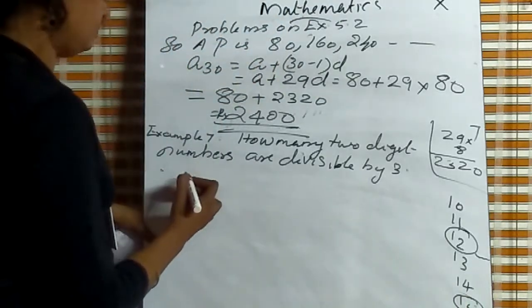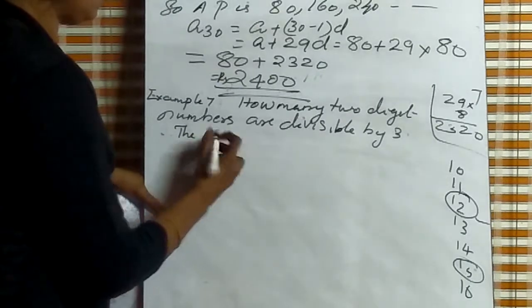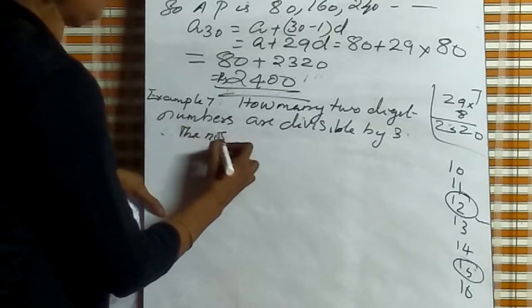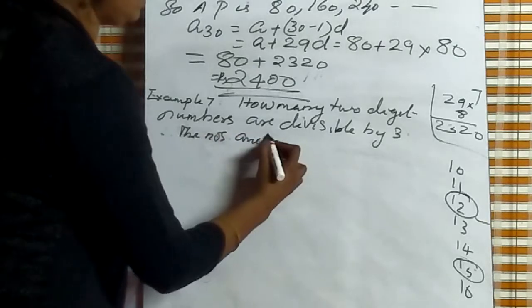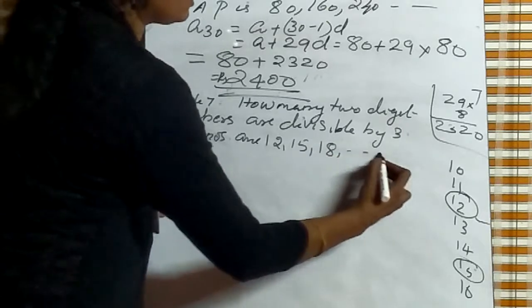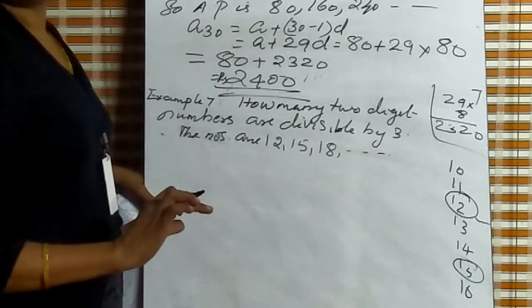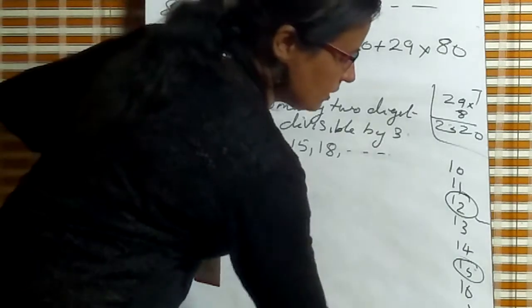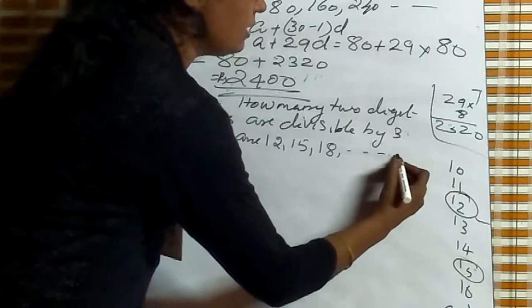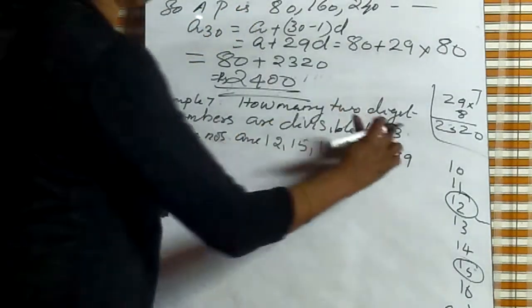So the numbers are 12, 15, 18, etc. Which is the highest 2-digit number divisible by 3? 99. Next one is 100. 99 is the highest 2-digit number divisible by 3.